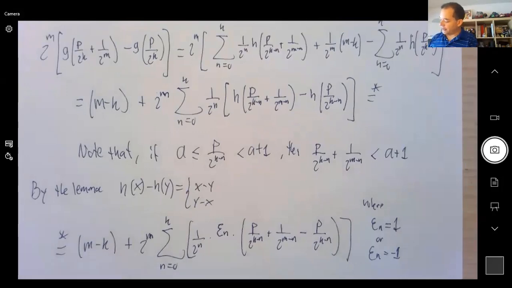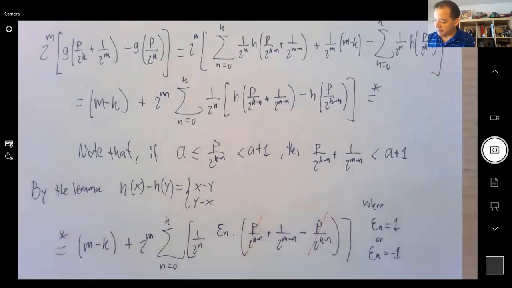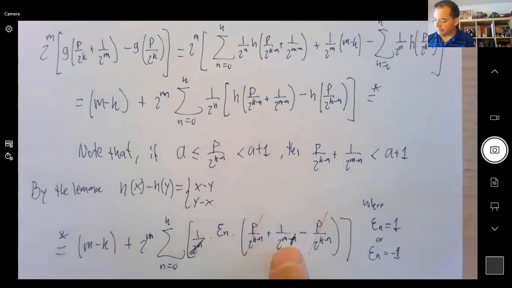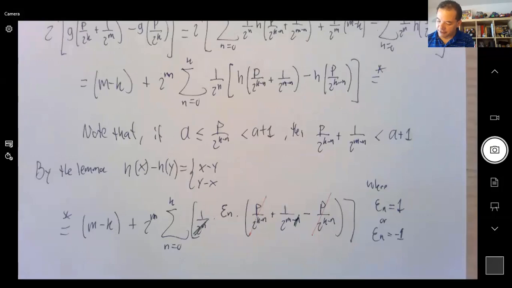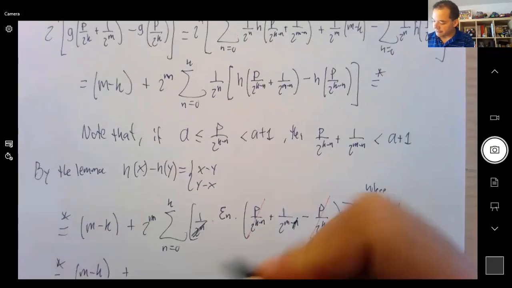And the important thing here is that this will cancel, right? Now this number goes away. This number 2 to the n cancels this 2 to the n. And this 2 to the m cancels with this 2 to the m. So look at all the simplification we achieved, man. We're so good. This 2 to the m cancels that 2 to the m.